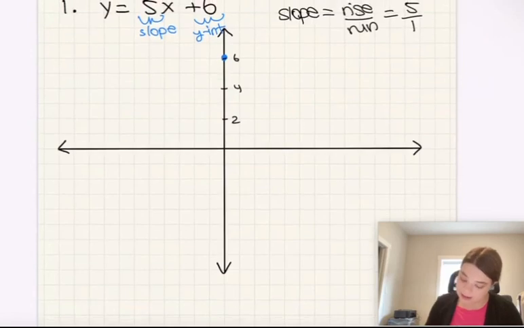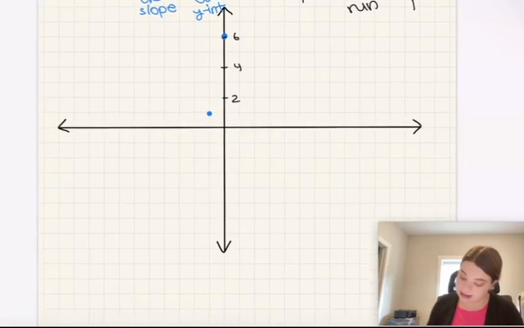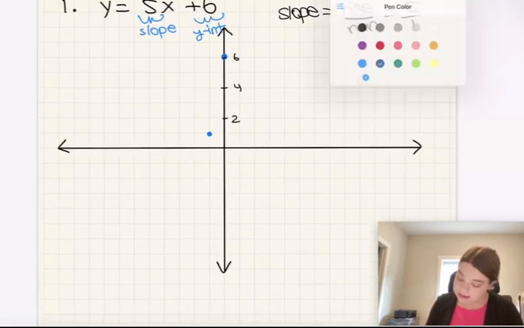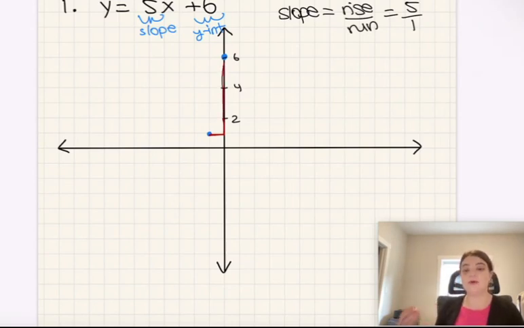I'm going to go 5 down, so down to 1, and then over to the left by 1. Because notice, either way, from one point to the next we still have this main property that we go to the right 1 and up 1, 2, 3, 4, 5 to get to the next point. So if we check and make sure that is done correctly, then we're good to go.